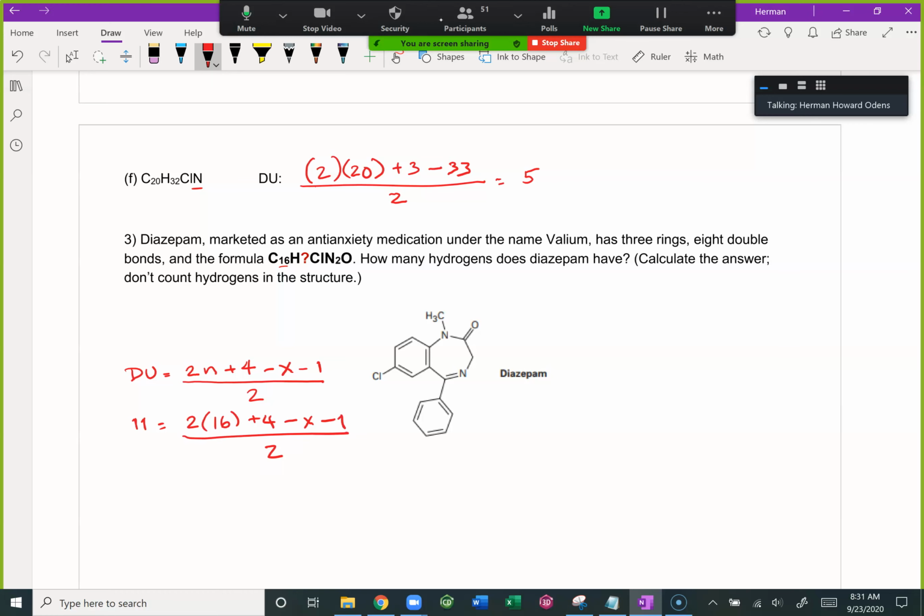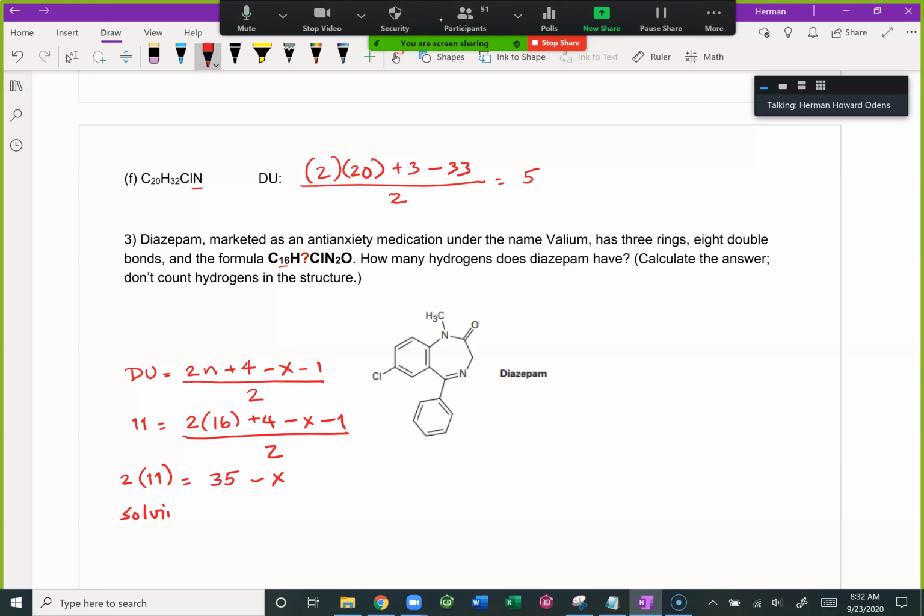All right, so we're going to group these things. I'm going to take this 2 and put it on the other side of the equation. It's dividing, so it's going to be multiplying. 2 times 11. And here I'm going to start solving. 2 times 16 is 32. 32 plus 4 is 36. 36 minus 1 is 35. So 35 minus x, and I can now solve for x.